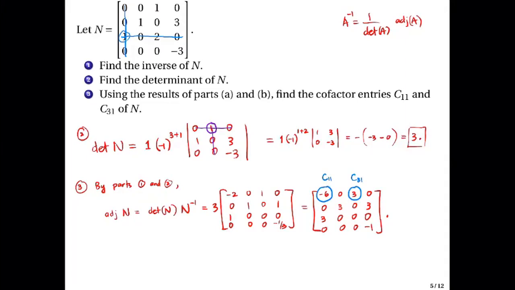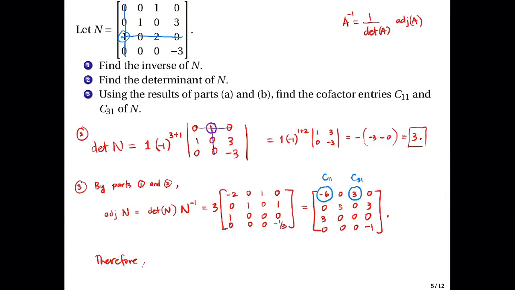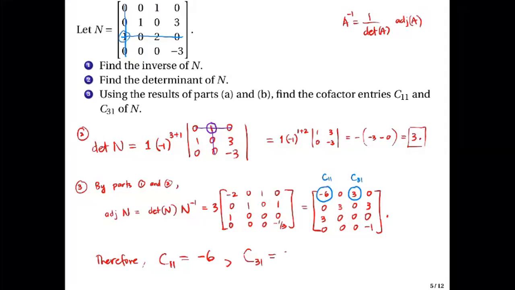So therefore, C11 is equal to negative 6, and C31 is equal to positive 3.